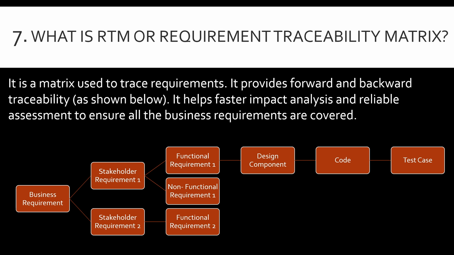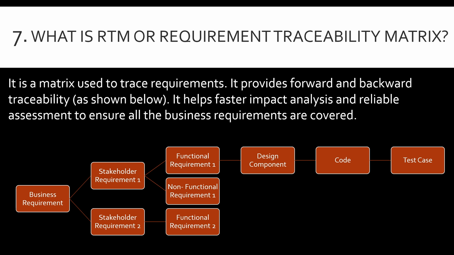In our example, if we talk about the digital channel for allowing customers to book tickets, stakeholder requirement number 1 can be related to the customer-facing screens, and the other stakeholders who can be involved would be the backend team or the back office operations team, and what are the requirements from their side to process the customer's online booking. That's how different stakeholders will have a different set of requirements.